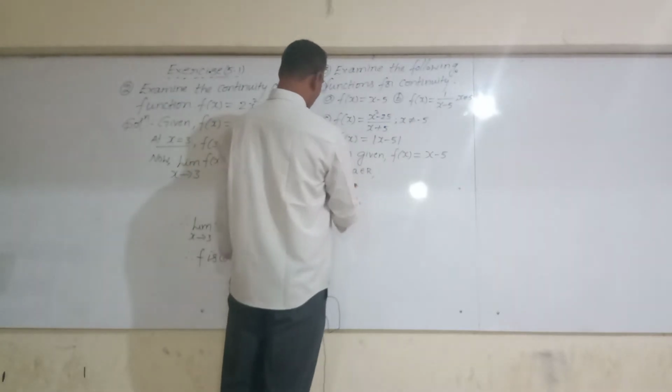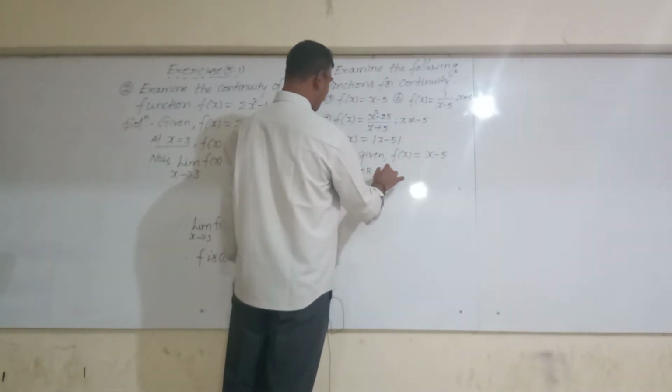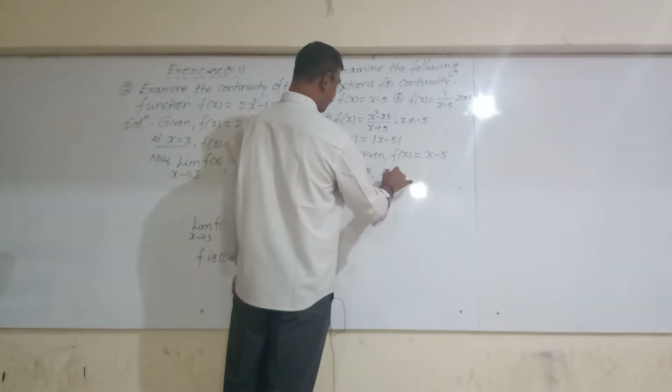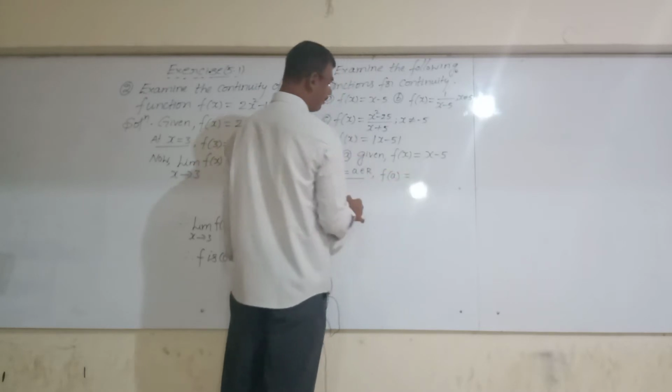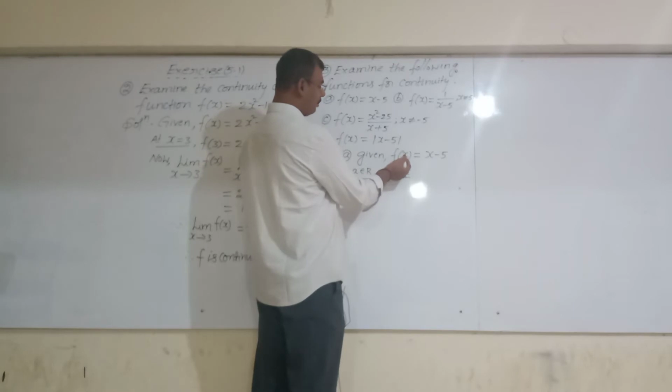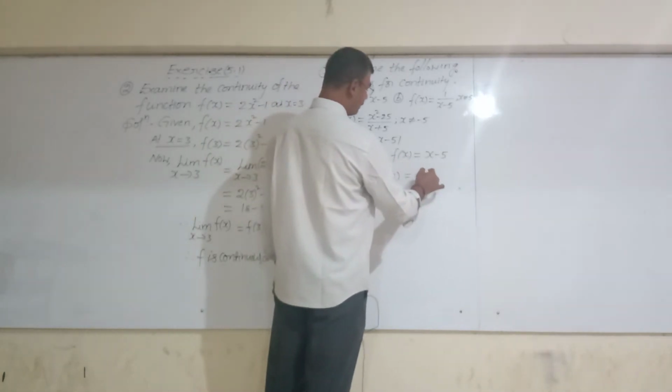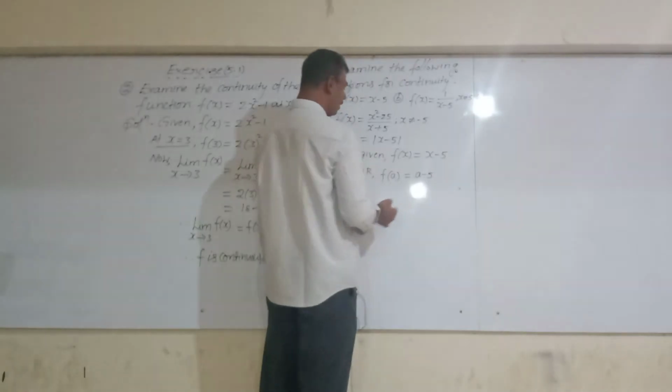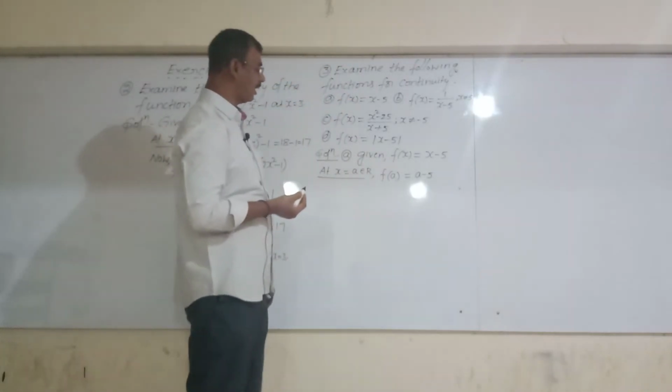In this case, I have to find f of a. F of a is equal to what? Replacing x by a, it is a minus 5. It is a constant.